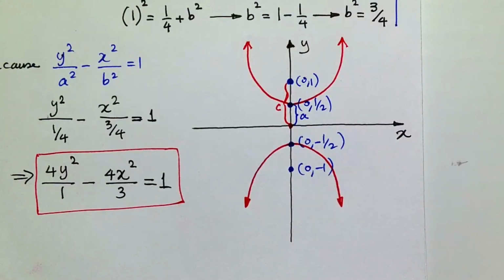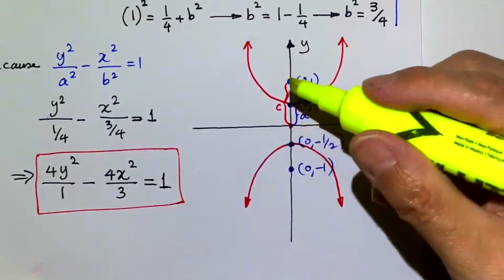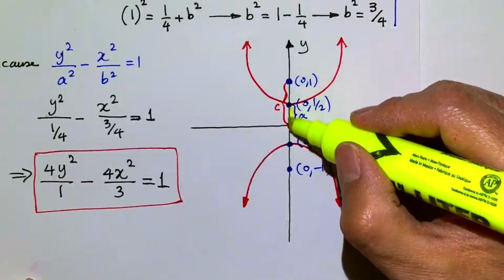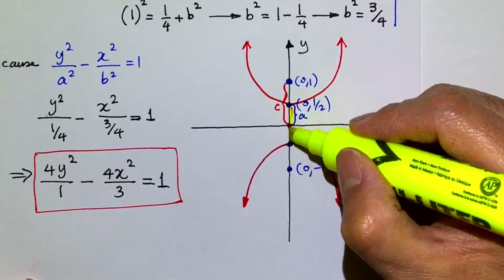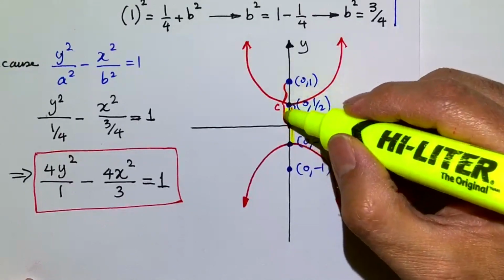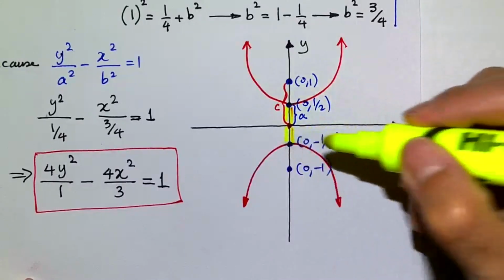Do I have a highlighter? I'm not sure if I should use it because it might smear the ink, but the transverse axis is this distance, from a to a, from vertex to vertex.